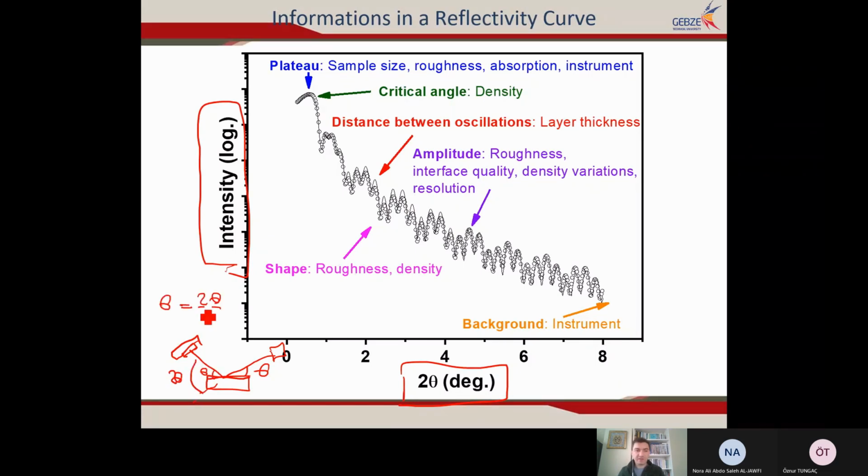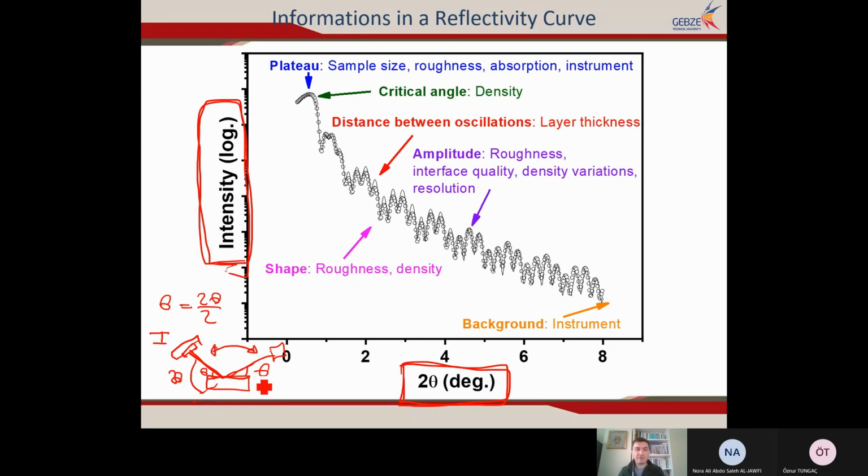So X-rays are coming to the detector from the sample, and intensity is recorded at the detector. So here on the left side, on the Y scale, we have intensity, and here we have the position of the detector. So we change the position of the detector and sample simultaneously.